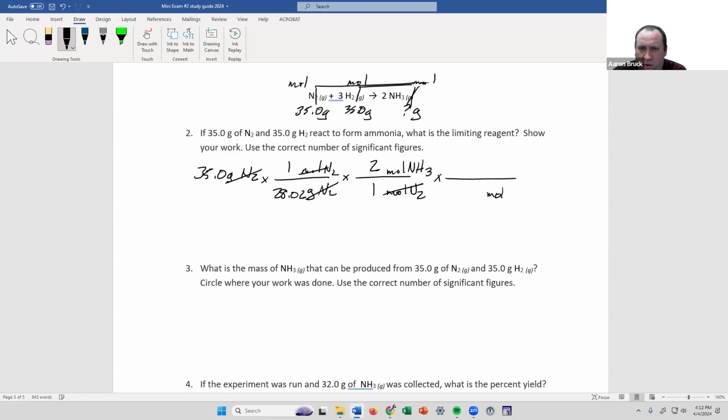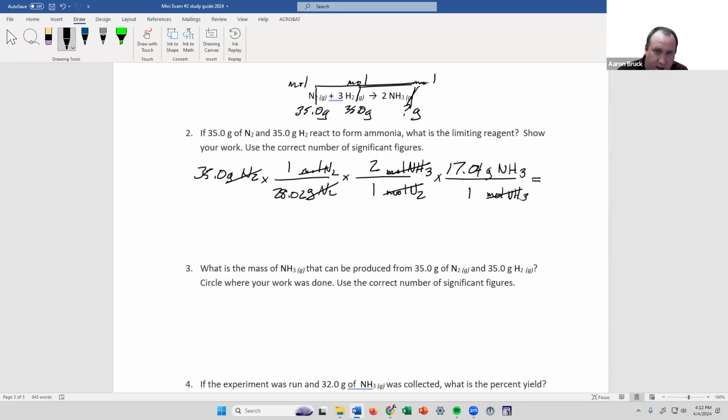Last step is to take the moles of ammonia and convert them into grams. Again, molar mass, need a periodic table. Nitrogen is 14.01. Hydrogen is 1.01 times 3, since there are 3 hydrogens, 17.04 grams in a mole. Moles of ammonia cancel. I'm at the end of the stage here where I'm supposed to be.